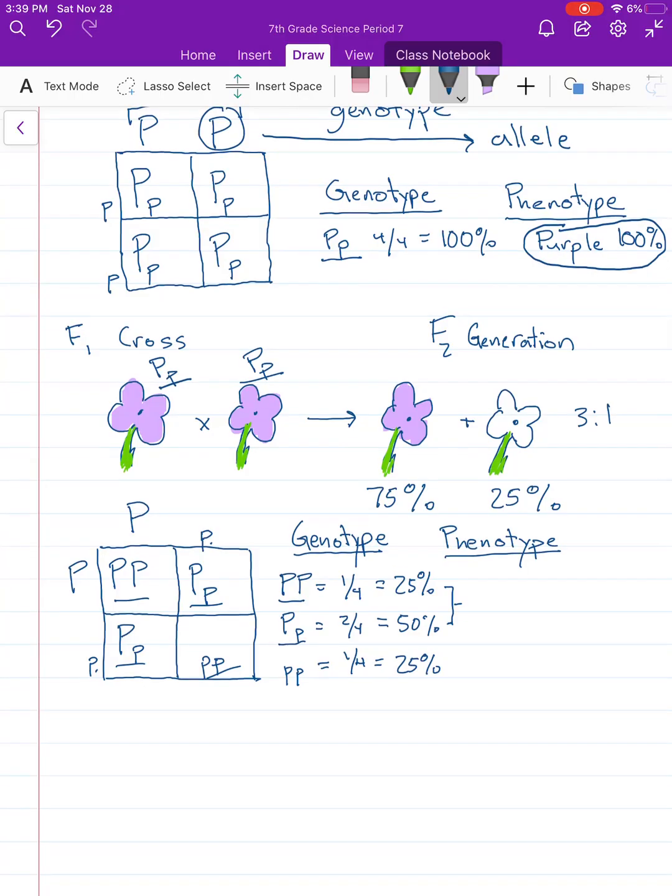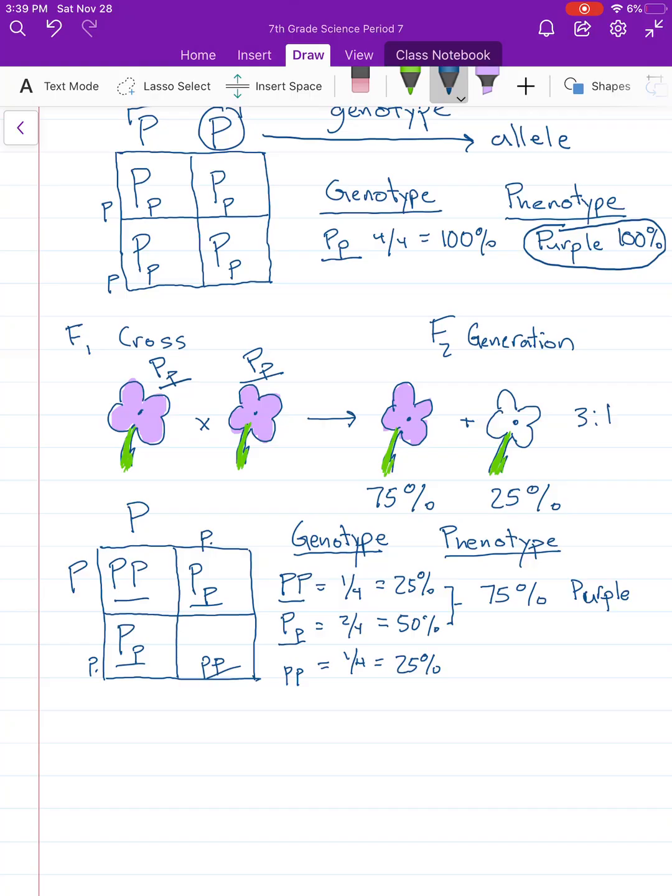Okay, the reason big P, little p is also purple is because it has at least 1 dominant allele. So we call this 75% purple, because obviously if you add 1/4 plus 2/4 or 50%, or if you just want to add 25% plus 50%, it comes out to 75%.